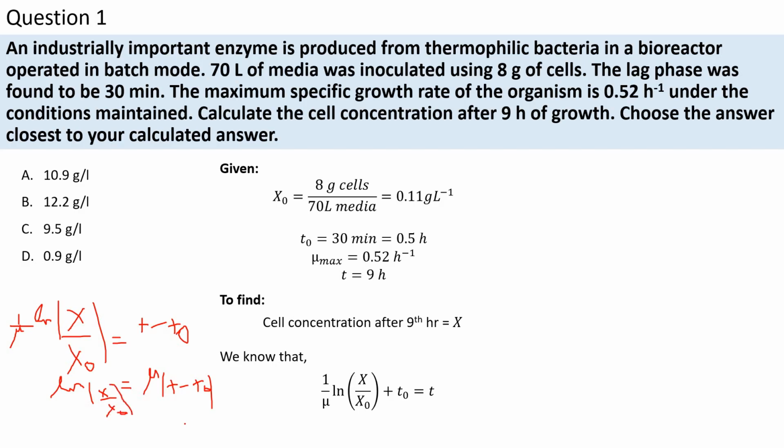So when ln goes on the other side, what happens? x divided by x naught is equal to e power mu into t minus t naught.